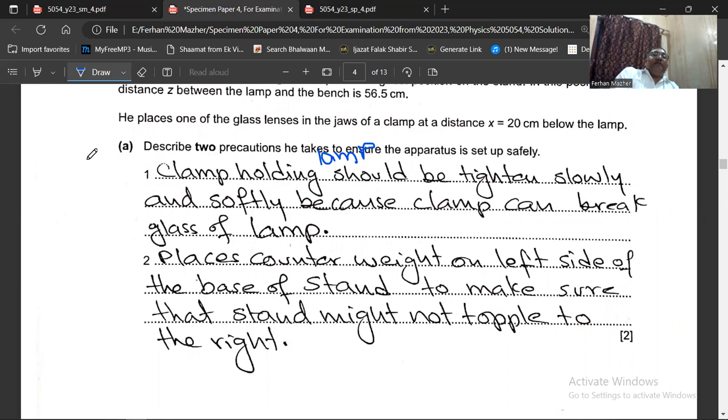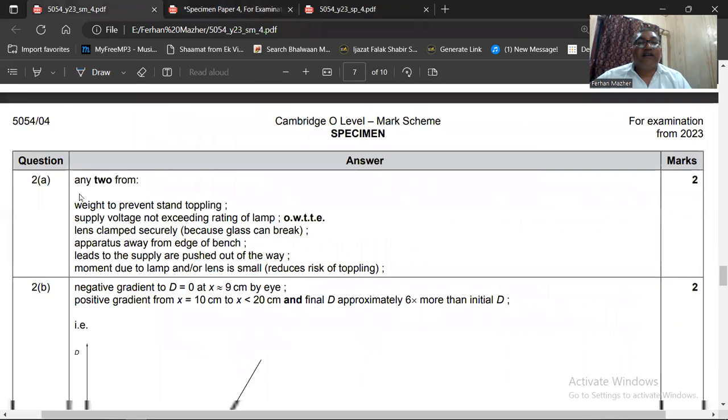The second one is counterweight place. You can say, place counterweight on left side of the base of stand to make sure that stand might not topple to the right. These are my answers. So let's have a look at the marking scheme.